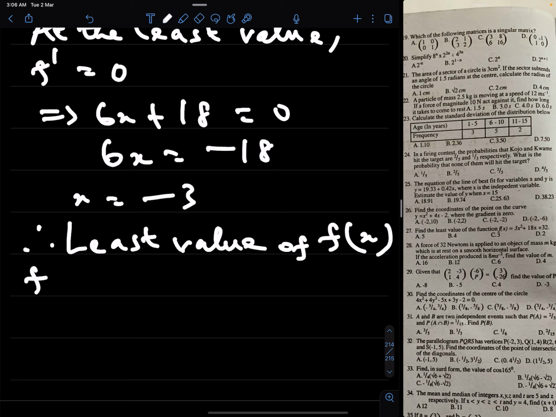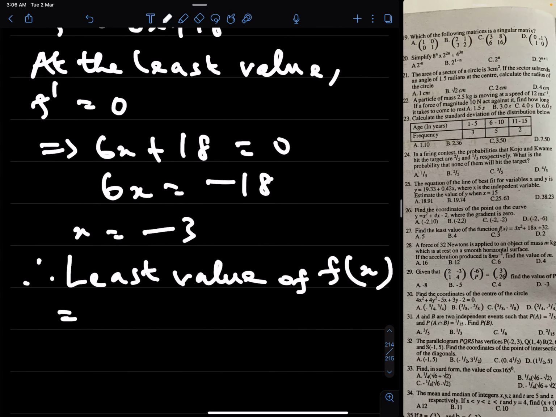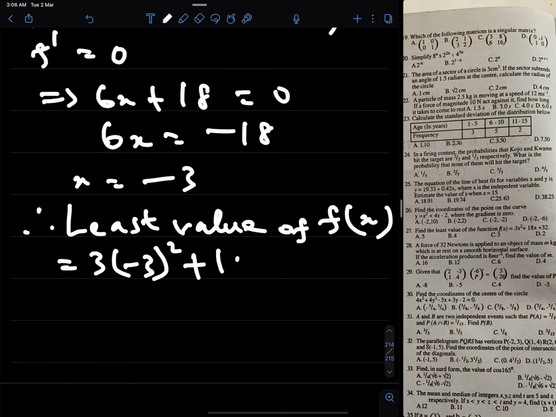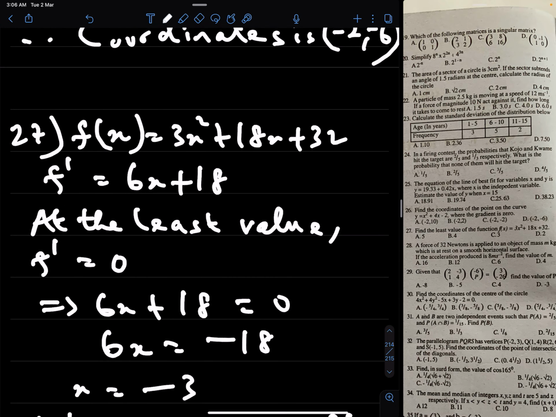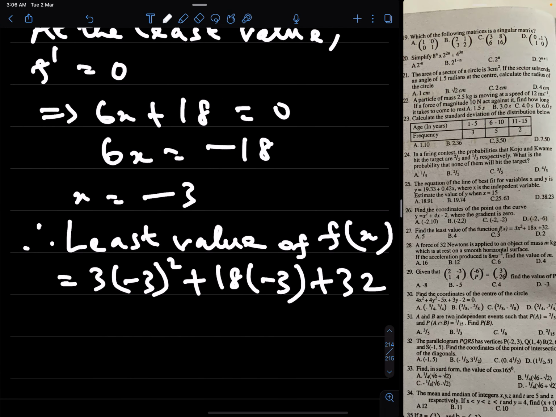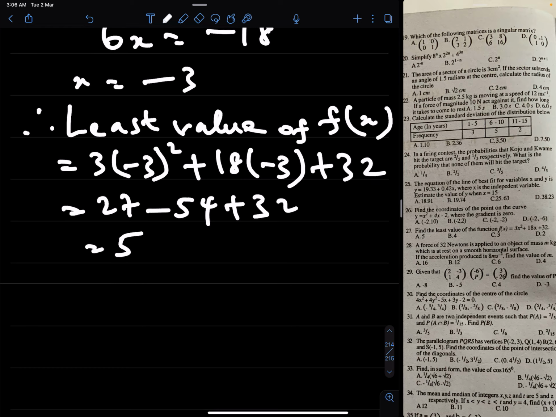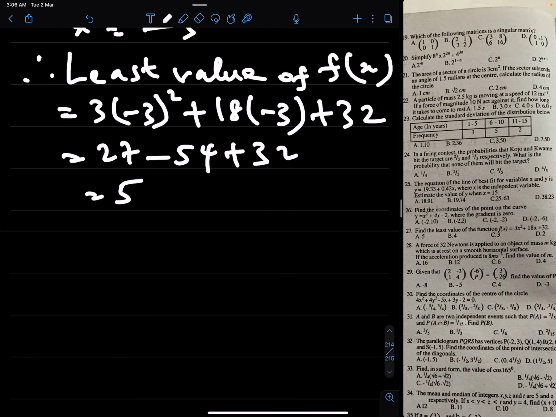This will be 3 times minus 3 squared plus 18 times minus 3 plus 32. 3 times minus 3 squared is 9 times 3, which is 27. 18 times minus 3 is minus 54. Plus 32. So 27 minus 54 is minus 27, plus 32, which is 5. So the least value of f of x is simply 5.